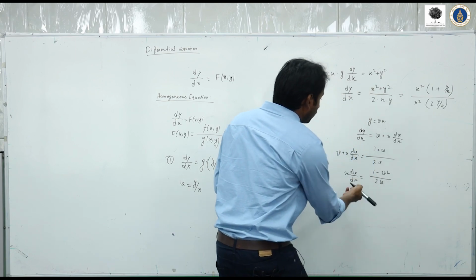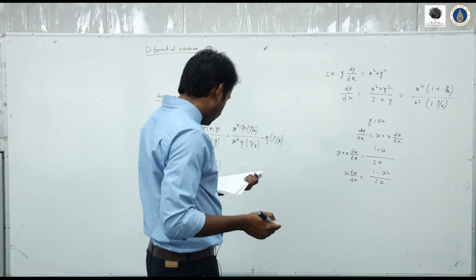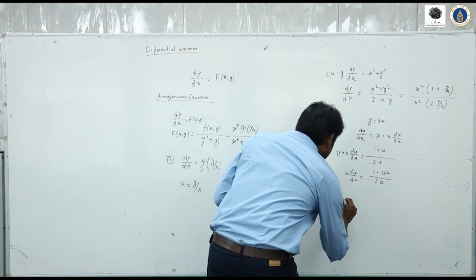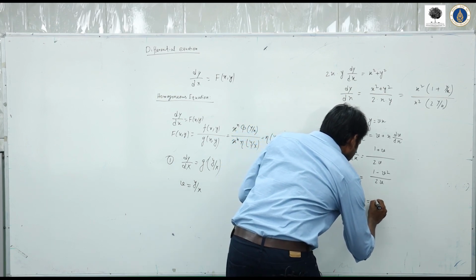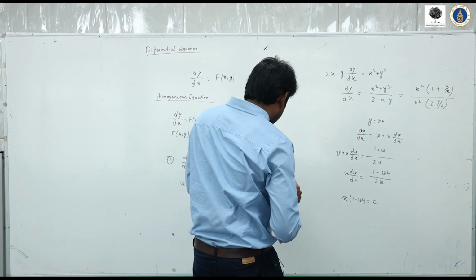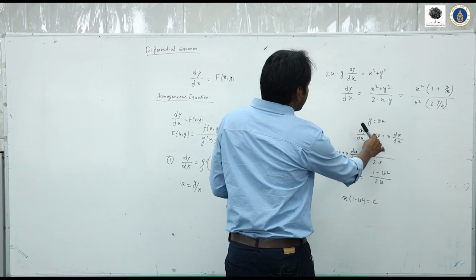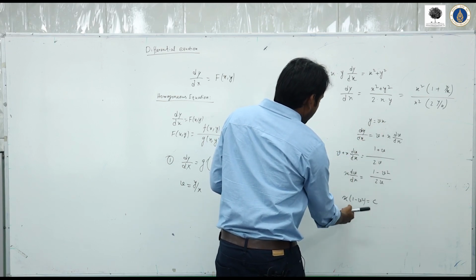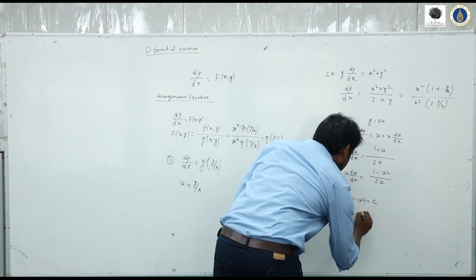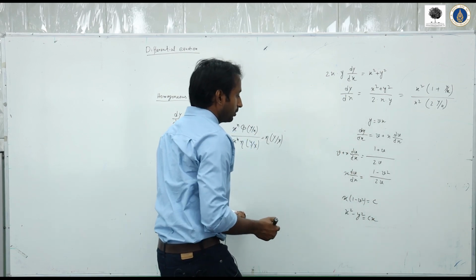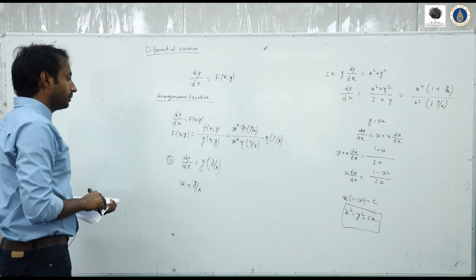Now if you use the variable separation method, which we used before, you will find the solution is x times 1 minus v square equal to a constant. It's very easy to find; I leave it for the viewers to check. Now you put v as y by x, so the final solution will be x square minus y square equal to cx. Okay, so this is the solution using the homogeneous equation method.